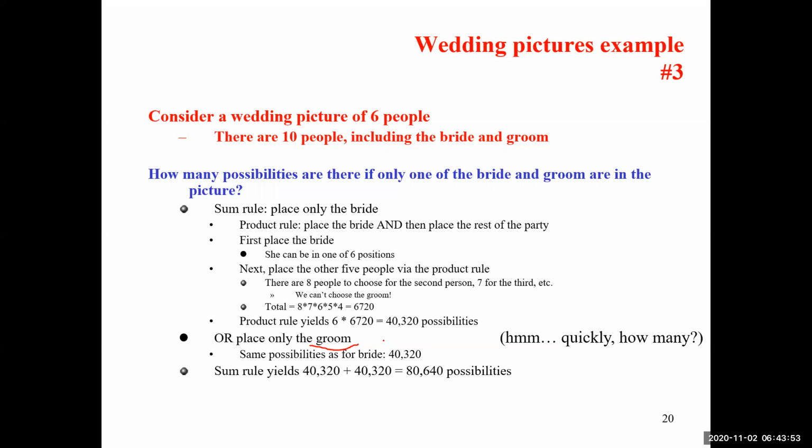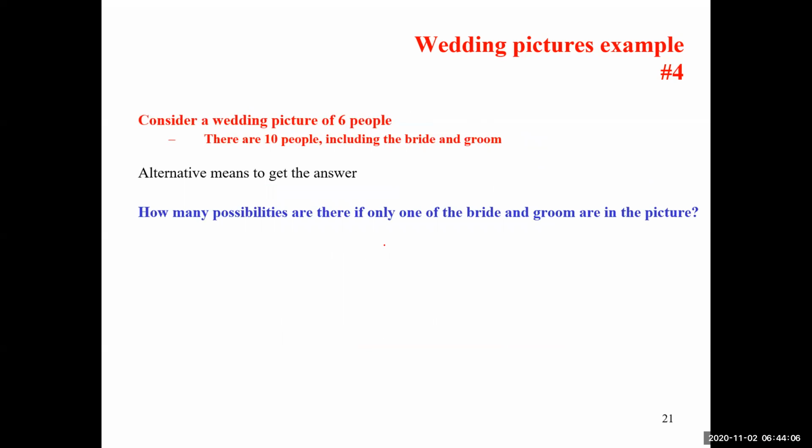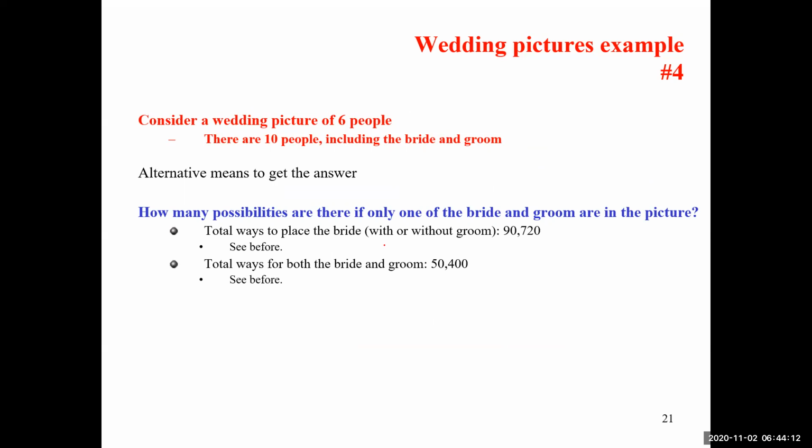Adding these two will give us the total number of possibilities where it is guaranteed that only the bride or only the groom is part of the picture. So how many possibilities are there if only one of the bride and groom is in the picture? There are various different ways we can get it.